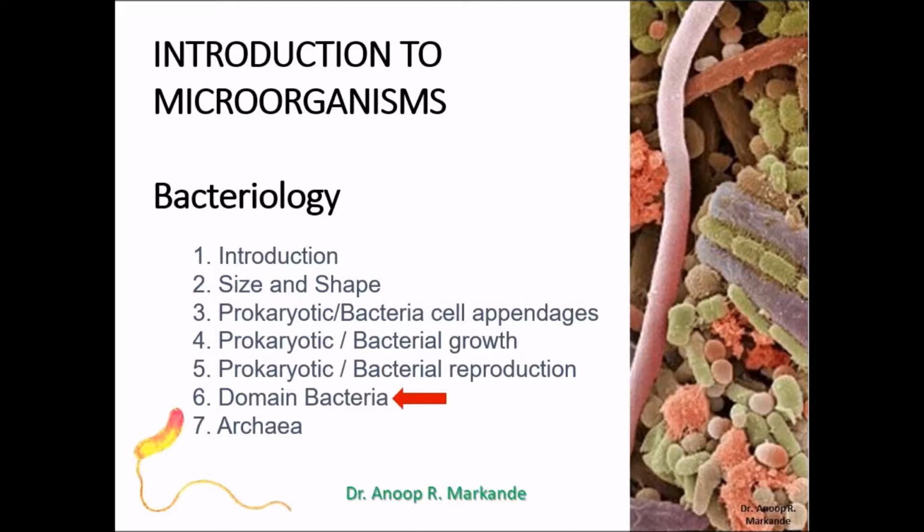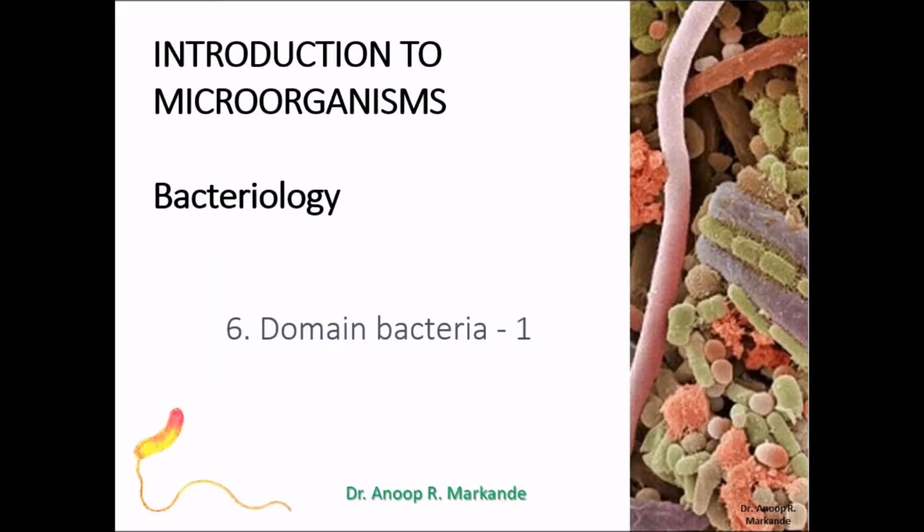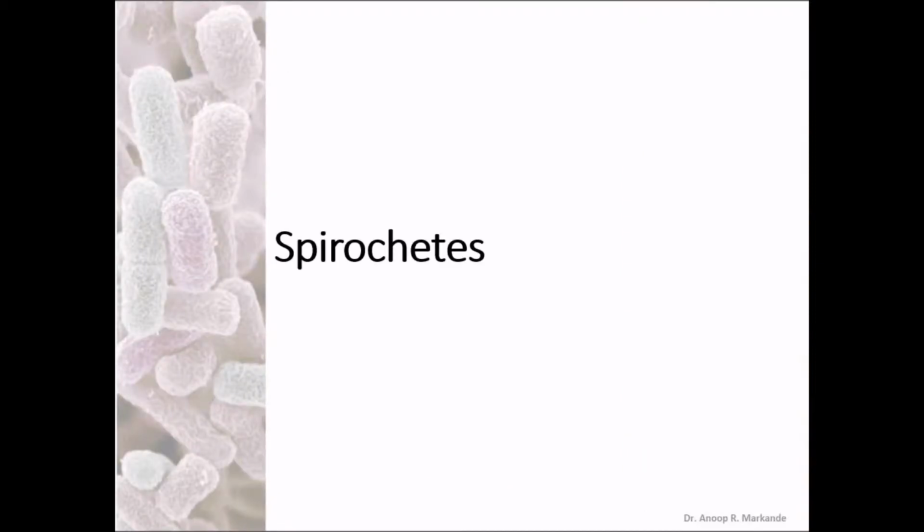We are into the second part of the three-part domain bacteria chapter. We are continuing with different types of bacteria according to the three domain classification of the living system.